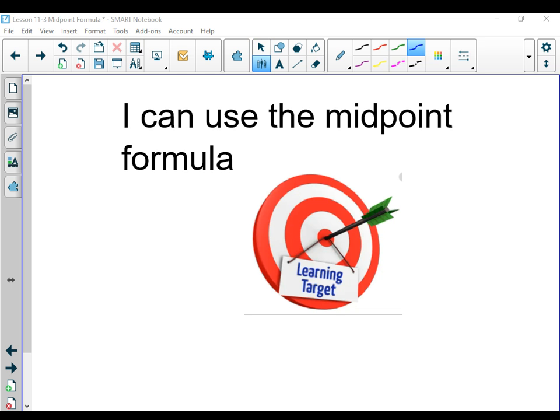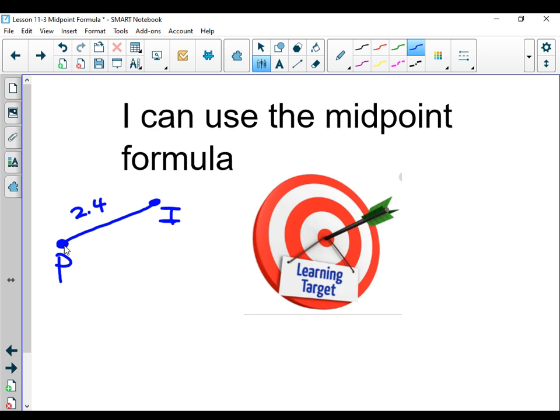Midpoint is a little bit different than distance. Let's say this is Pete's house and this is Isabel's house, and here I am walking from Pete's house to Isabel's house. The distance formula told us how far that would be, like maybe 2.4.